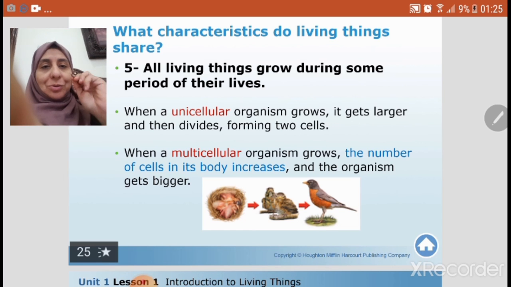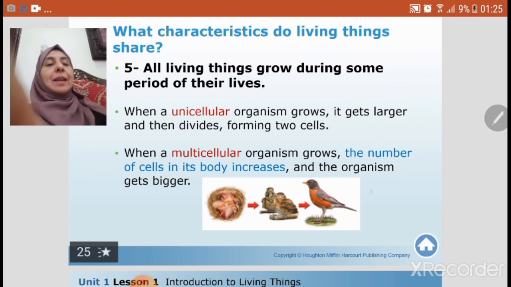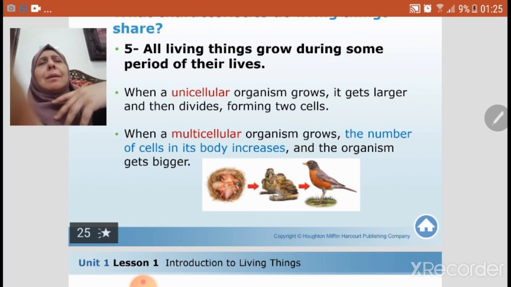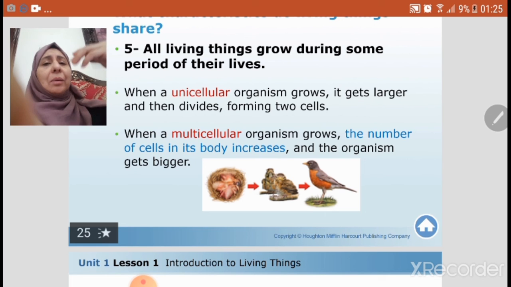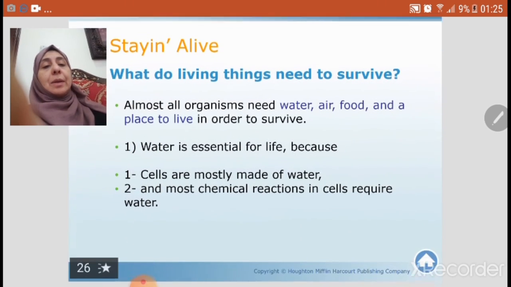I know that when we were in the class, you answered the correct answer. You said for sure by multiplying or increasing the number of the cells. So the number of the cells in your body is maybe thousands of times bigger than the number of the cells when you were a baby.